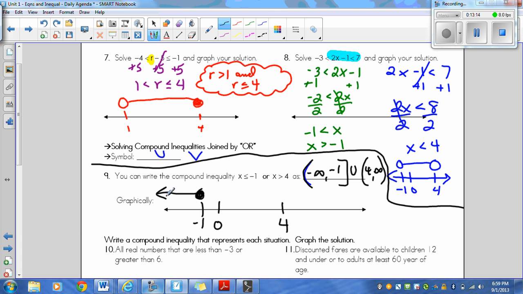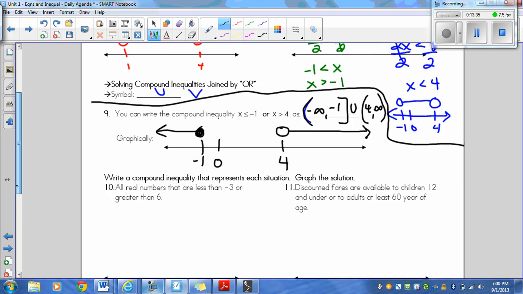So notice now the arrow comes in because it keeps going and going. 4 is an open circle because we're not including 4 in it. It's going an arrow in the other direction. So and is connected and or is going apart from each other. And there's always a space in the middle for ors that doesn't get included at all.